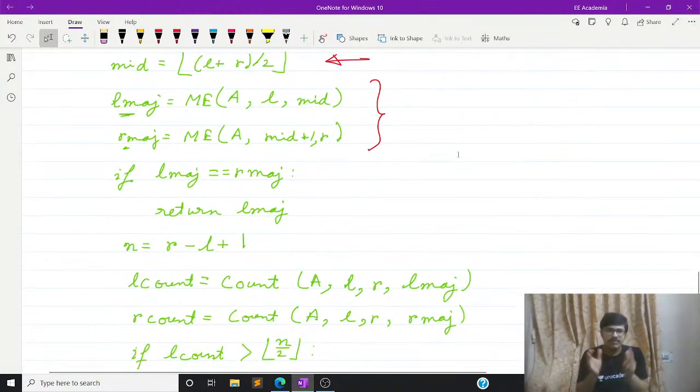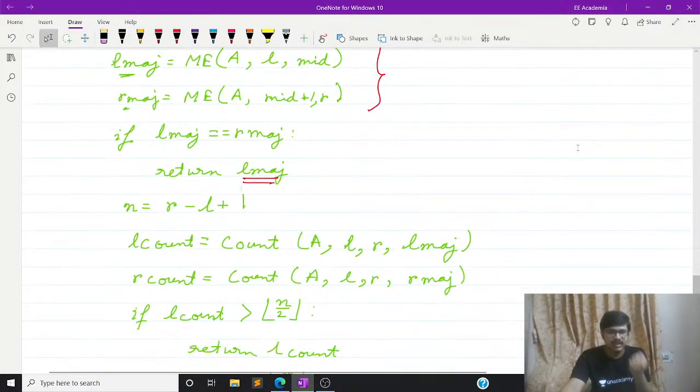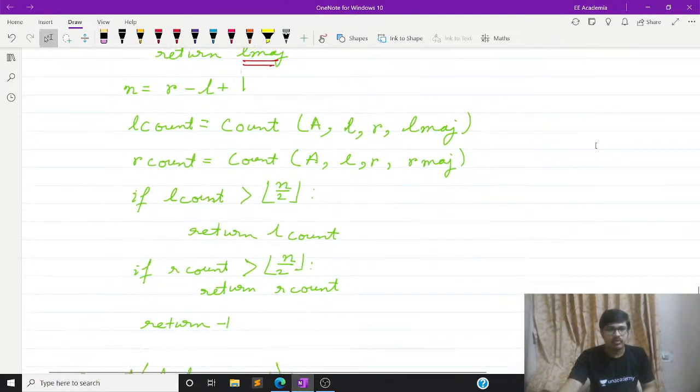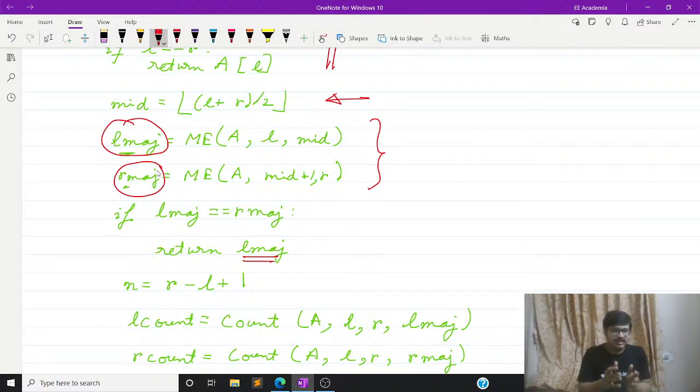If both the majority elements are the same, simply return that element as the majority element. If they are not the same, I am going to count the frequency of the left majority element and the right majority element separately, because both of these can be the candidates for the majority element. So either the left majority or the right majority can be the majority element of our array.